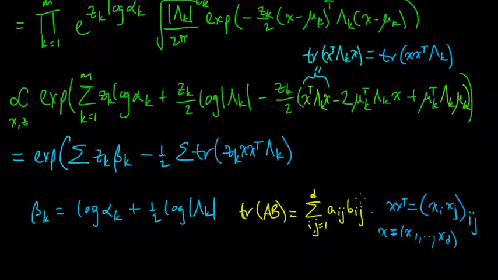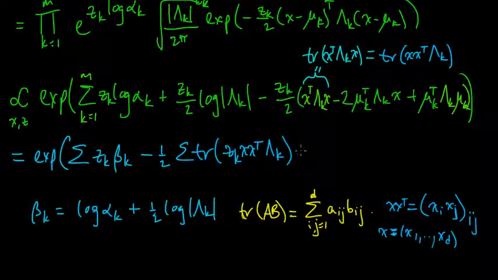So this trace is a nice dot product between these functions of x. Hopefully that was clear why that looks nice.